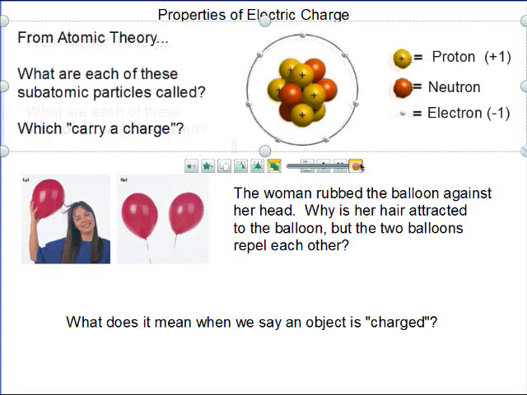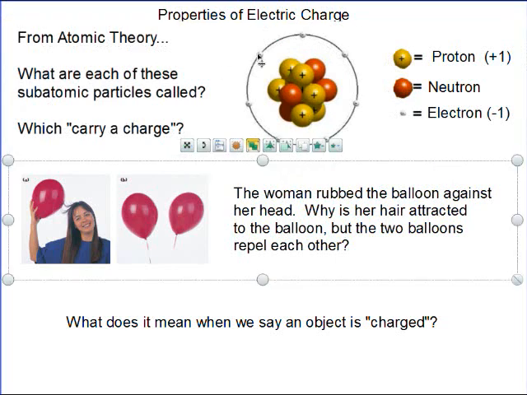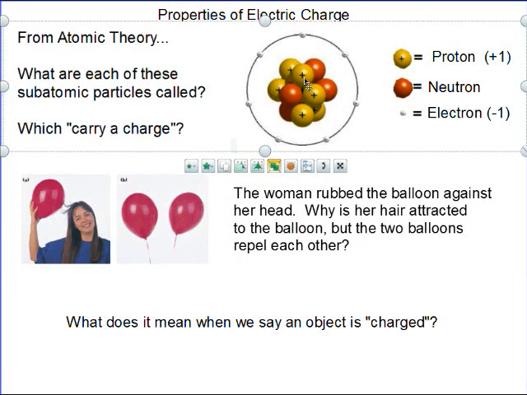In case you don't, the positive charges in the middle are called the protons. The neutrons are these things in the middle of the nucleus that have no charge, and then the electrons are sort of hovering around the outside of the nucleus, and they carry a negative charge. So make sure you know the names of those things and what the proper charges are for those.